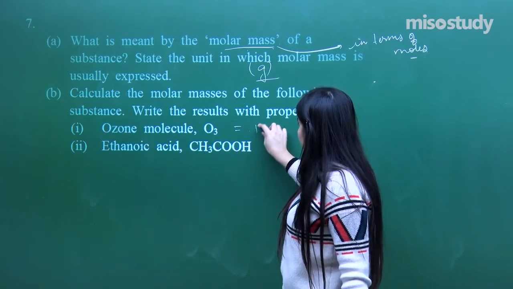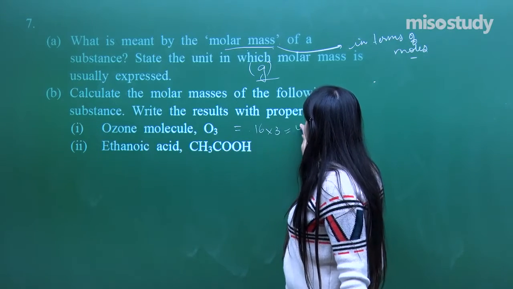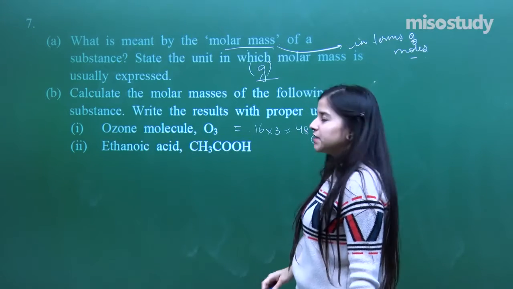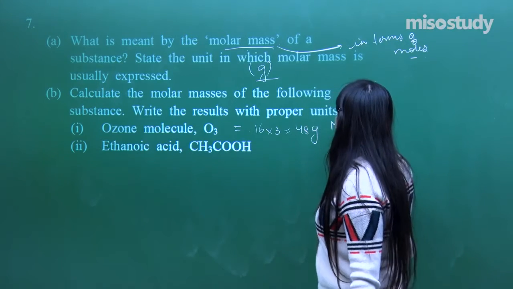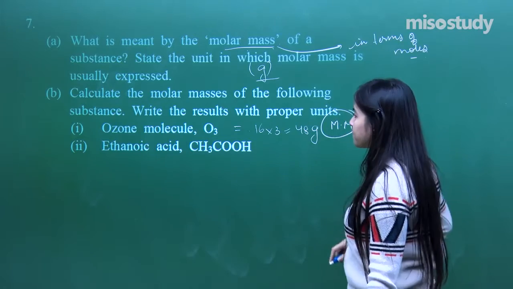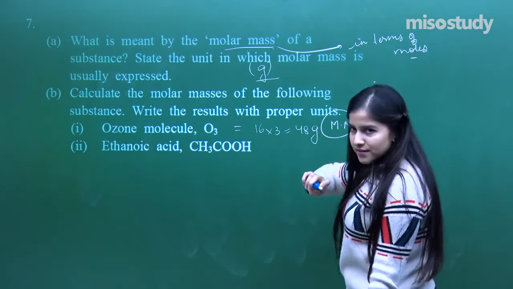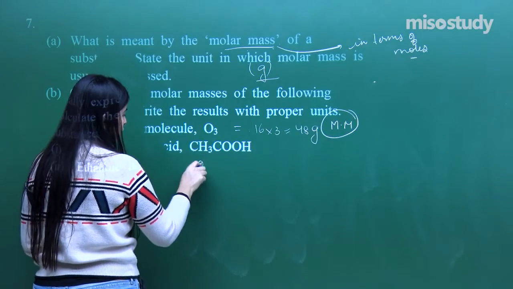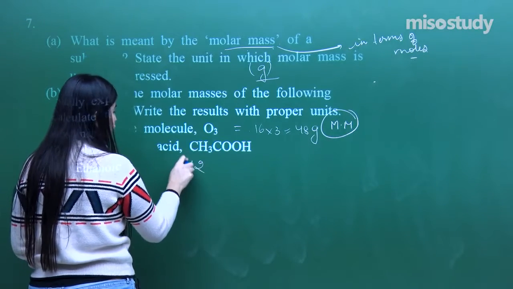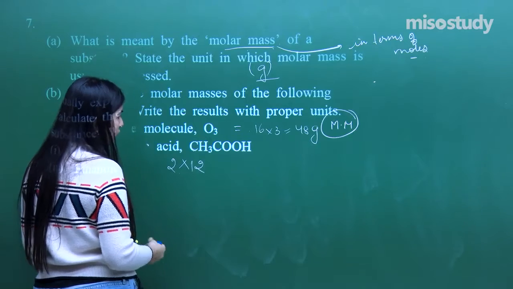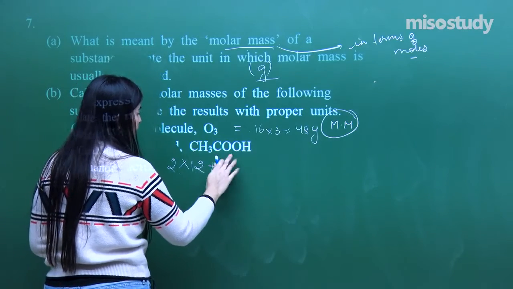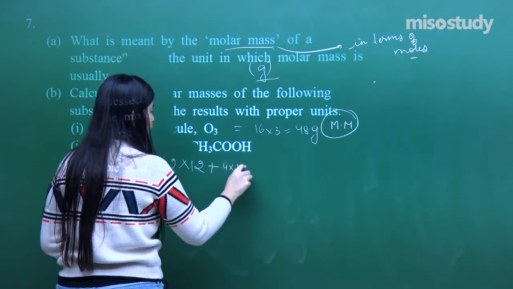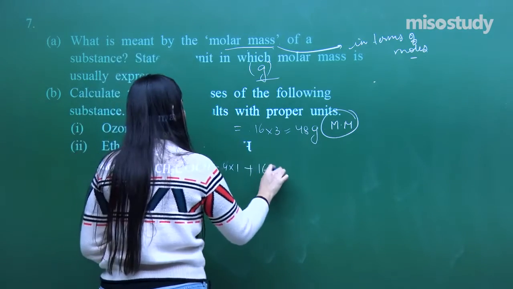1 oxygen 16, so 16 into 3, 48 grams, right, that is the molar mass. We can also write Mm over here. Ethanoic acid, simple, see here, 12 into 2, that means 24, plus 4 into 1 for hydrogens, plus 16 into 2.